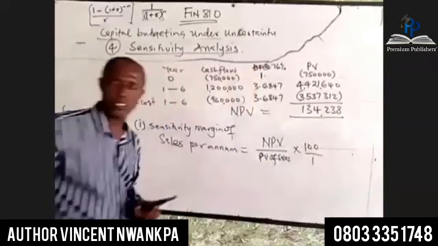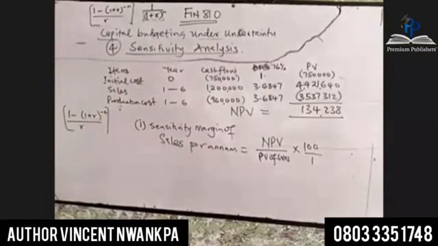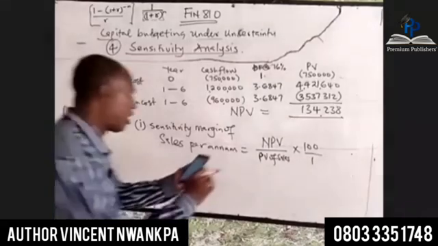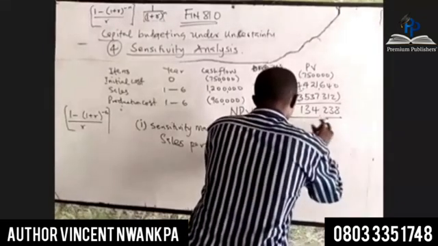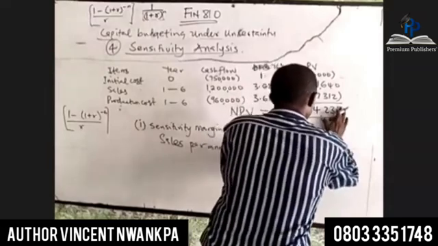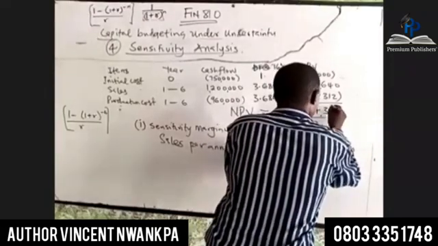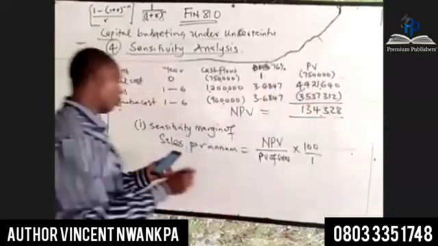Who cannot do this? Correction: the NPV is 134,328. Okay, 134,328.